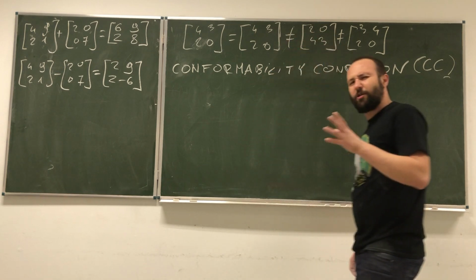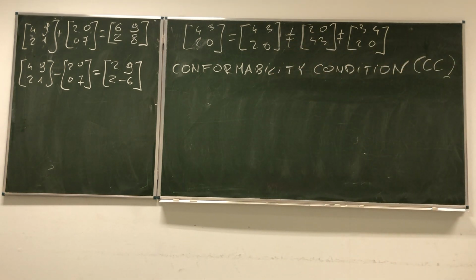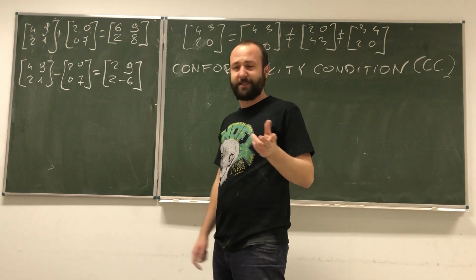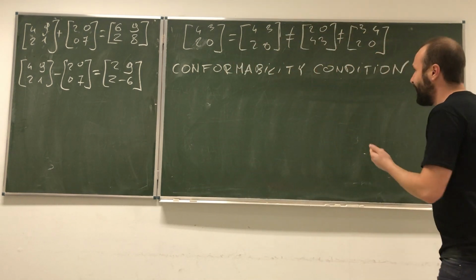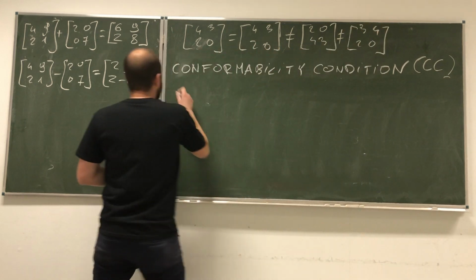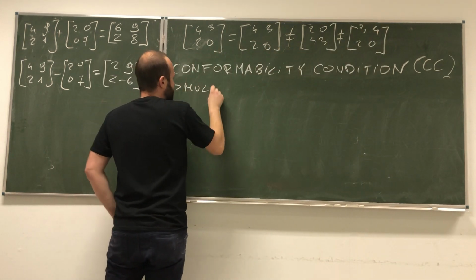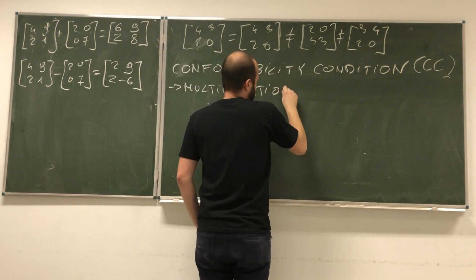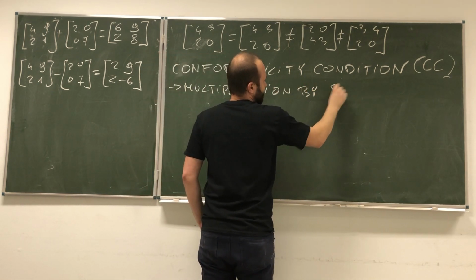Why do we call it like that? I will explain it later when we discuss some properties of vectors.